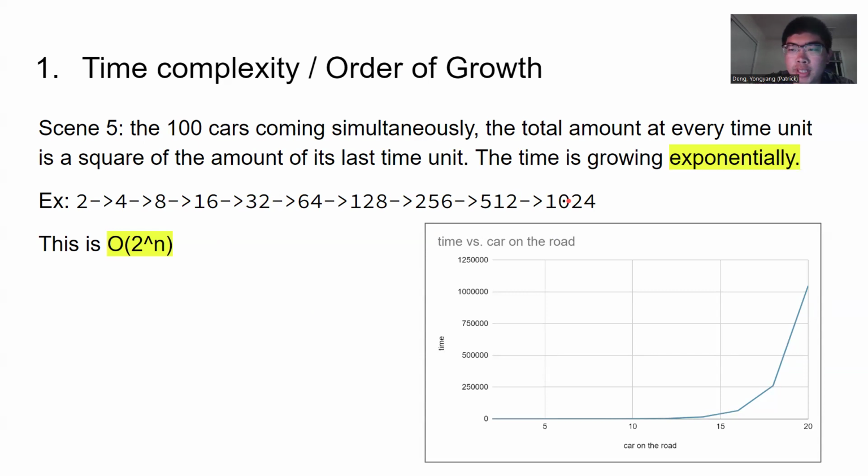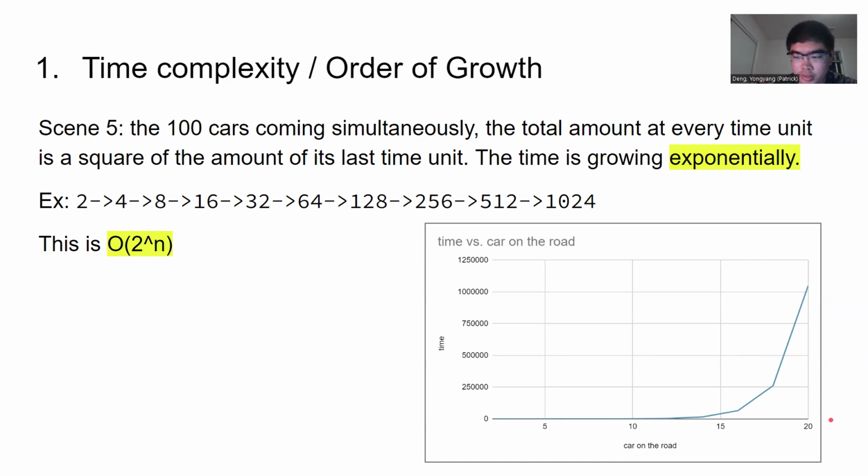I only take 10 steps, and I have reached from 2 to 1,000. If I'm doing linear, I have to take 1,000 steps to reach that amount. But for exponential, I only have to do 10 steps to reach that kind of amount.